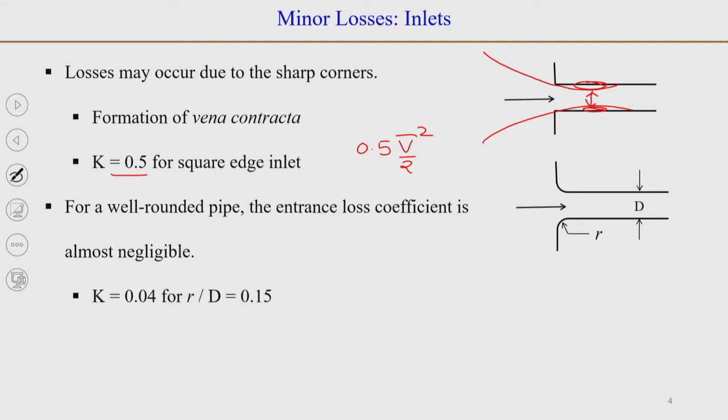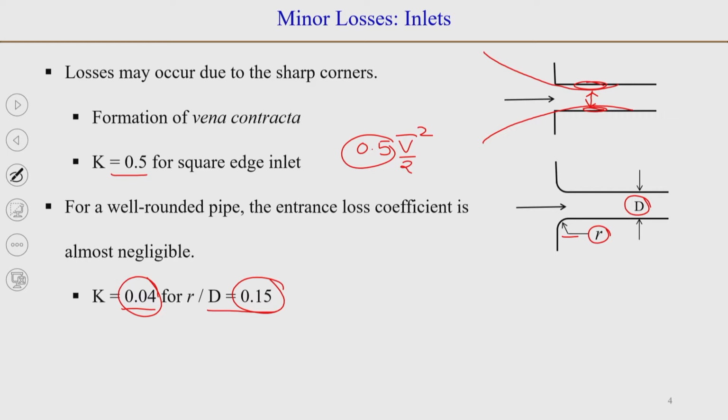Say r by d, where r is the curvature here and d is the pipe diameter, if it is 0.15, then this value reduces to say 0.04. So, rounding may help to reduce the value; it has come down from 0.5 for sharp or square edges to 0.04 when the edges are rounded.